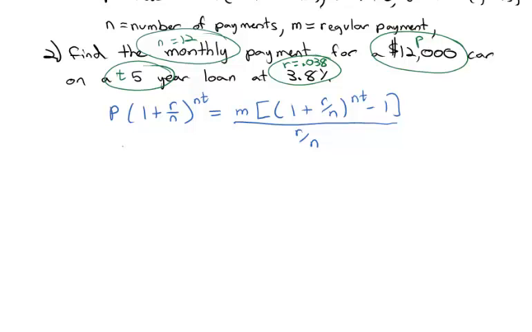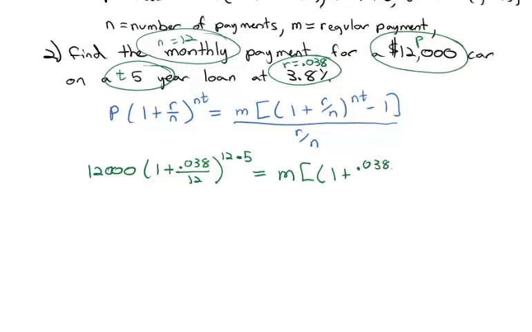the monthly payment. So P is 12,000 times (1 plus R, 0.038 over N, which is 12) to the N, 12, times T, which is 5, equals the monthly payment times ((1 plus 0.038 over 12) to the 12 times 5, minus 1) all over R over N, which is 0.038 over 12.